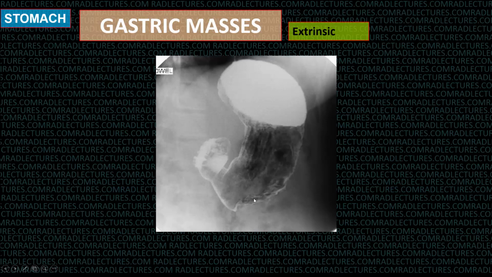In this case, this mass has an impression with obtuse margins, sulcus angle, and the mucosa is kind of irregular because it is invading into the stomach. This was a pancreatic cancer which had invaded into the gastric greater curvature of the stomach.